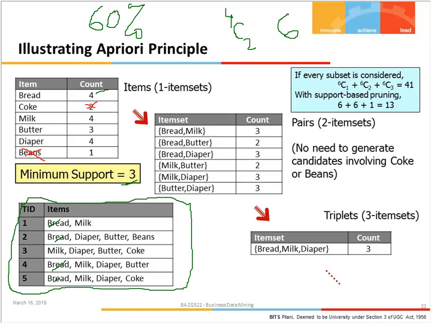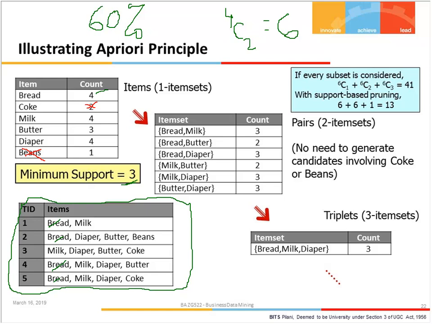At this point, from 1-item sets to 2-item sets, even if we do the subsetting, there cannot be any scope for pruning at the 2-item set level.